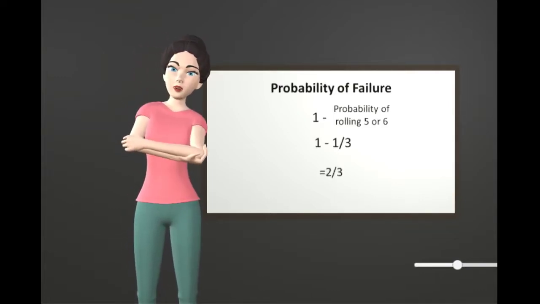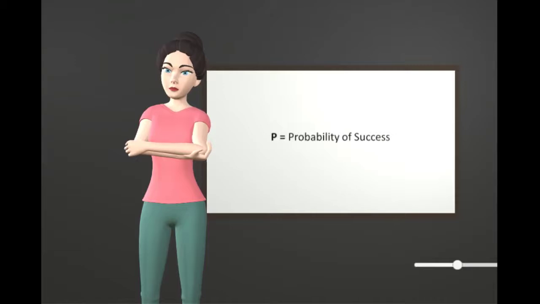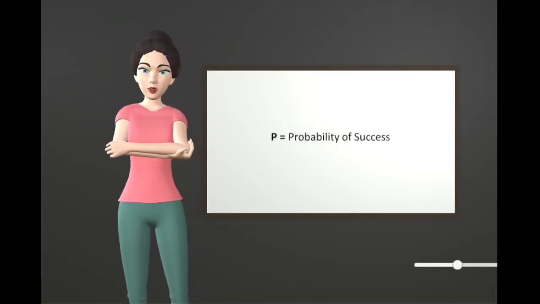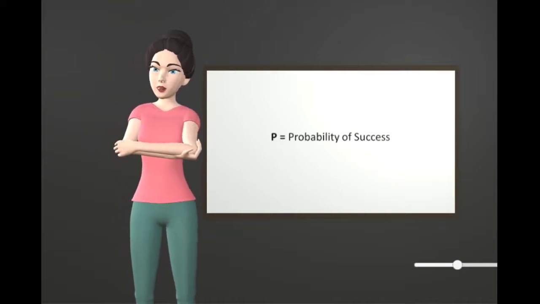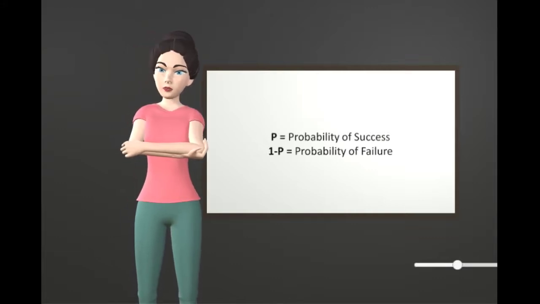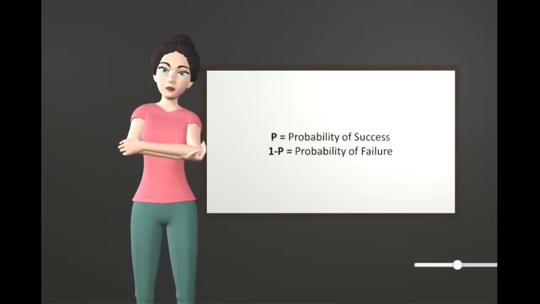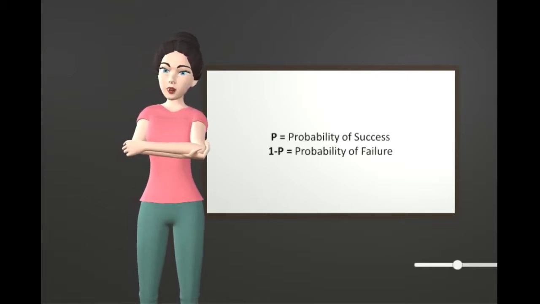The probability of failure can be symbolized as 1 minus P. Now you know how to determine the probability of success, symbolized as P, and the probability of failure, symbolized as 1 minus P.